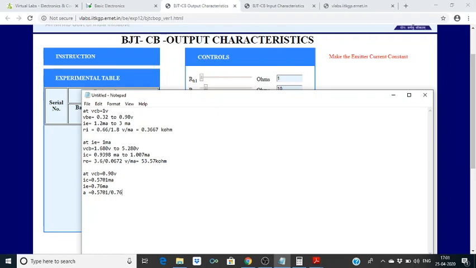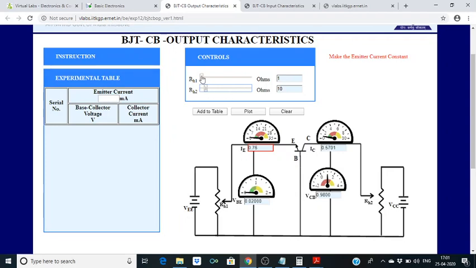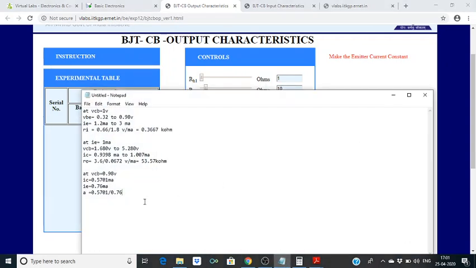Something is wrong, it should come around 0. No, it's fine. It is coming around 0.75. So this value is less than 1.